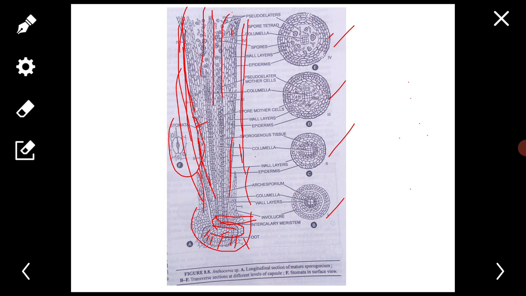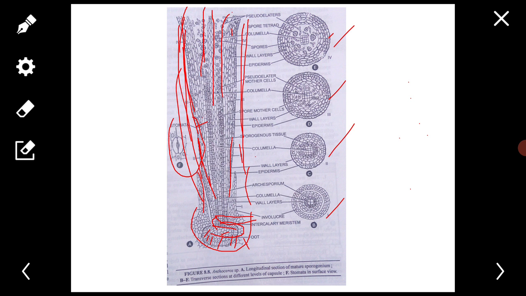The sporogenous tissue higher up in the कैप्सूल, जो ऊपर की तरफ हम चलते हैं कैप्सूल के अपर साइड में, मैच्योर की साइड में, shows two types of cells, large spore mother cells and smaller elongated pseudo-elater mother cells. Both types of cells are arranged regularly.